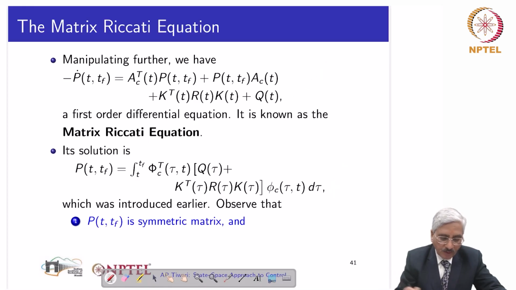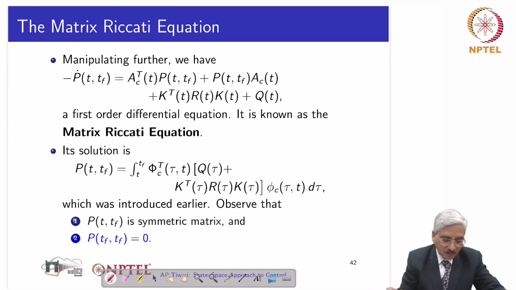So we can note that because Q is symmetric, K transpose RK will be symmetric, and this is pre-multiplied by phi transpose and post-multiplied by phi and then integrated. It is expected to be a symmetric matrix.